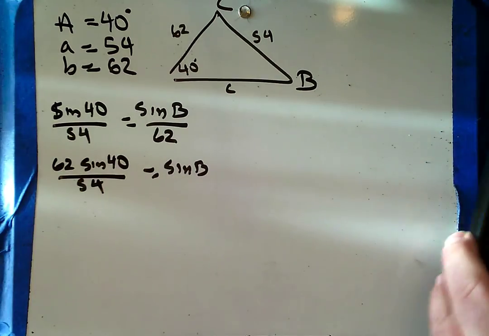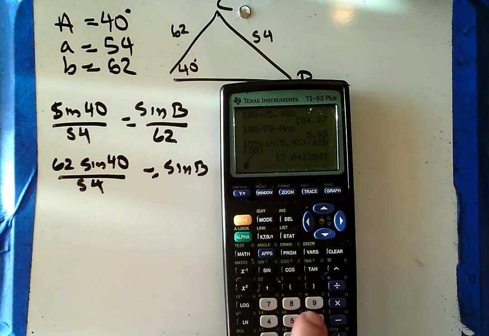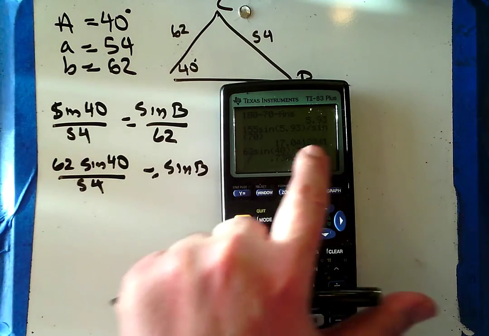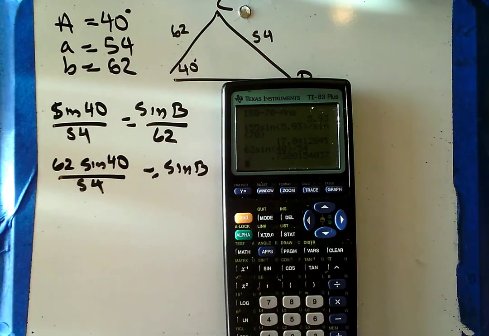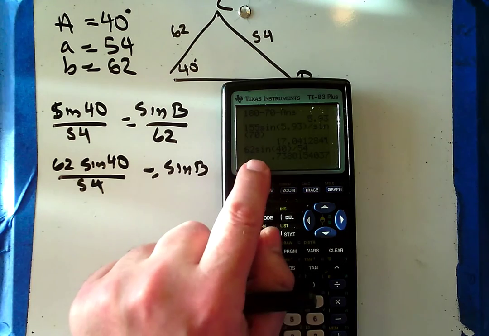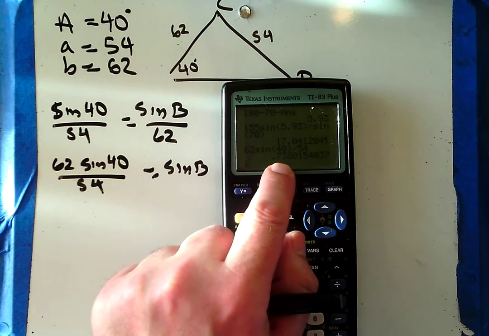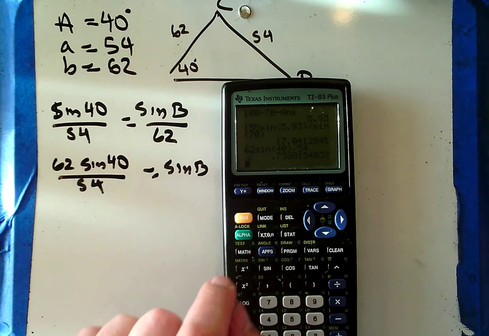And then when I do this in my calculator, 62 sine 40 divided by 54, I get this number. Notice this number is less than 1, and so I know that there's going to be a solution here. If this were bigger than 1 or smaller than -1, there would not be a solution here.